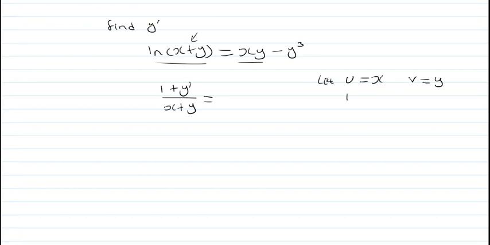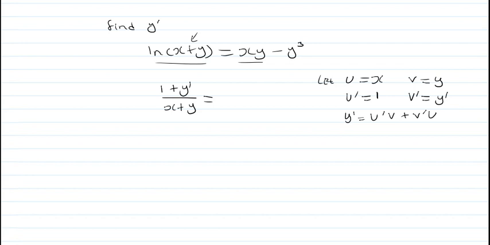We find u prime with respect to x, which is 1, then v prime with respect to x, which is y prime. Our derivative for x and y is going to be u prime multiplied by v plus v prime multiplied by u, meaning that we just get these values and plug them into the equation.